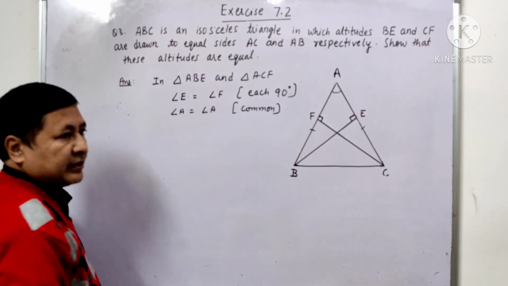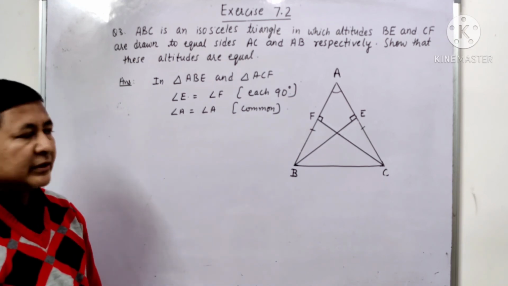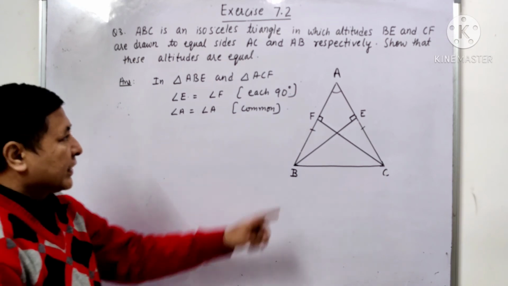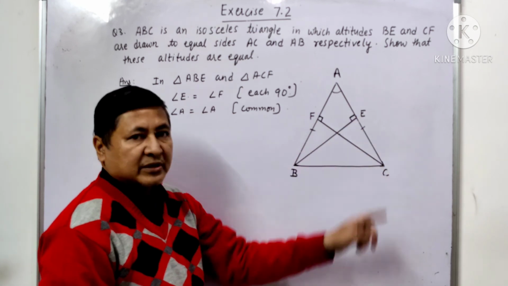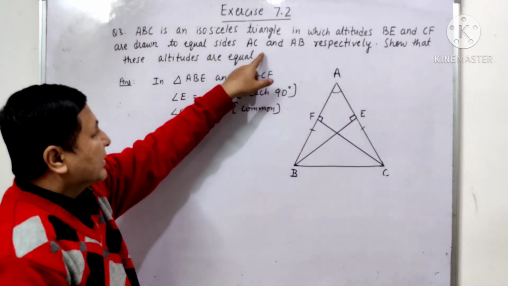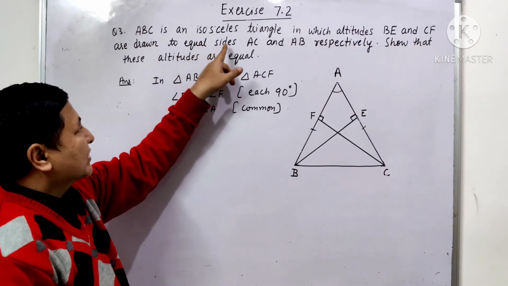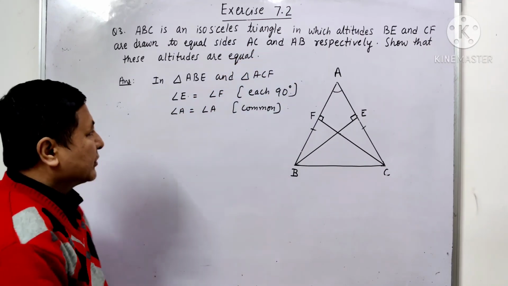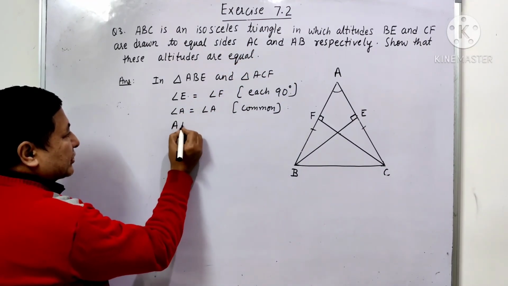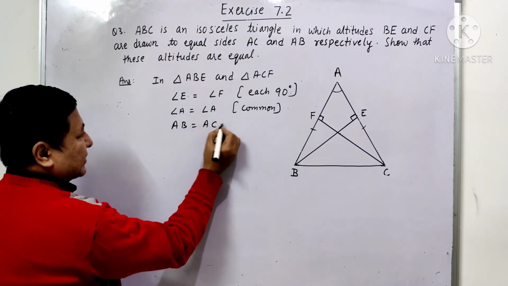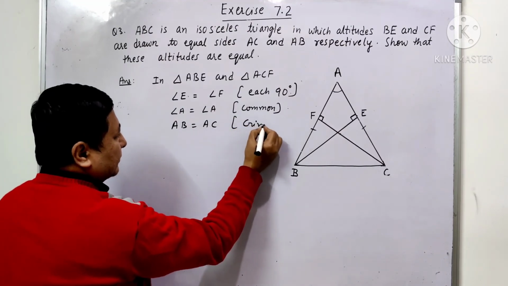Now one more side we require to prove it congruent, and the side which is given is AB and AC. It is an isosceles triangle, so it is given that AC and AB are equal sides. So we'll write AB is equal to AC, it is given in the question.